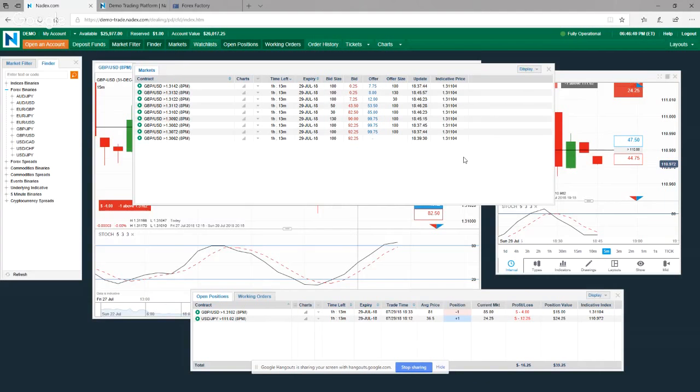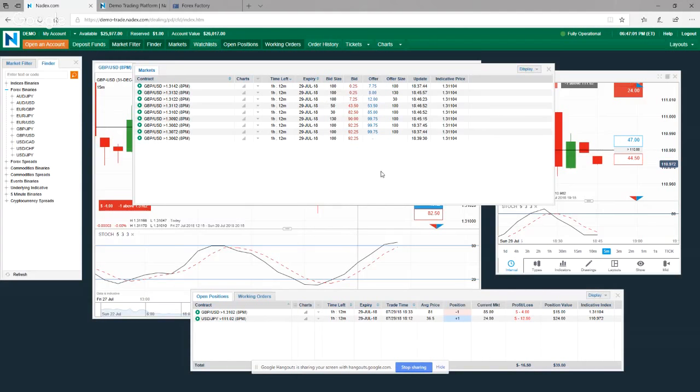Remember, when you sell, it's going down from 100. So this number right here in red is showing you the profit potential. It's going down from 100 to 0.